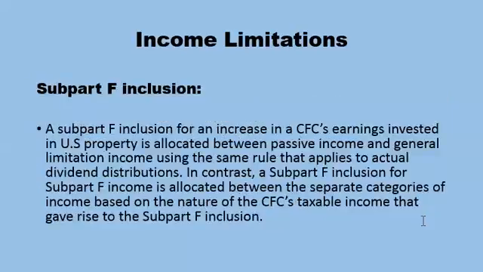A Subpart F inclusion for any increase in a CFC's earnings invested in US property is allocated between passive income and general limitation income using the same rule that applies to the actual dividend distributions. In contrast, a Subpart F inclusion for Subpart F income is allocated between the separate categories of income based on the nature of the CFC's taxable income that gave rise to the Subpart F inclusion.